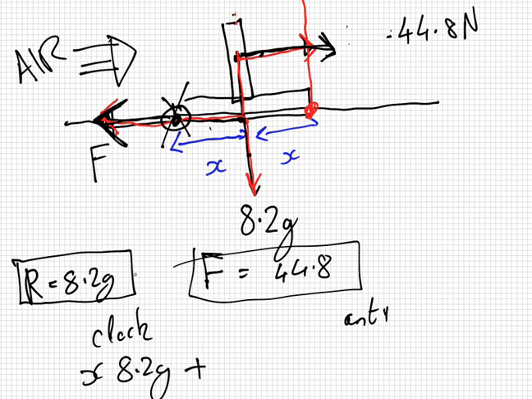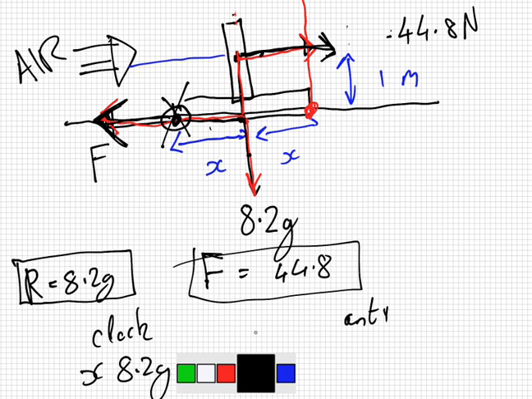But what's the distance to use? Well, you don't have the picture. This is the distance here, which is going to be 1 meter, because they tell us the height is 2 meters, so this distance here is 1 meter. And it's 44.8, isn't it? Yeah. Okay.